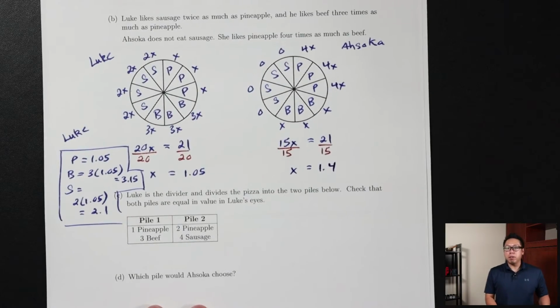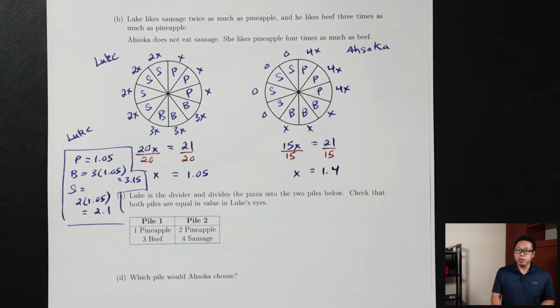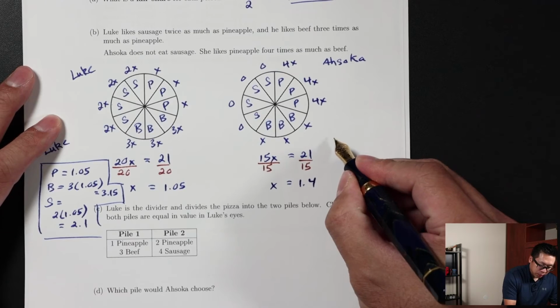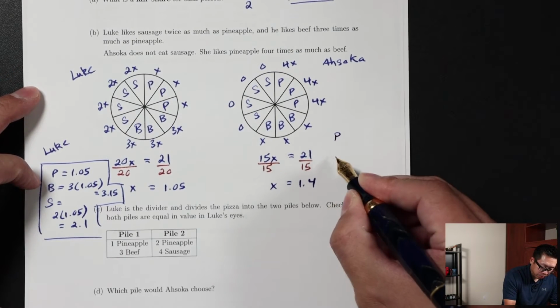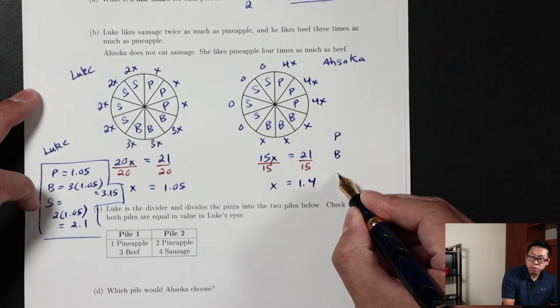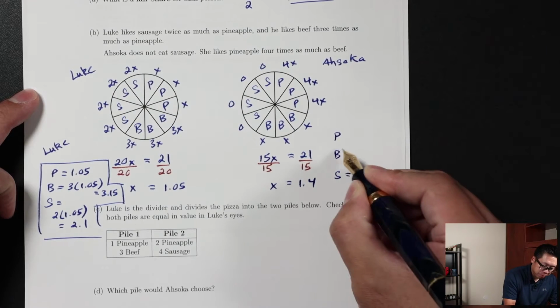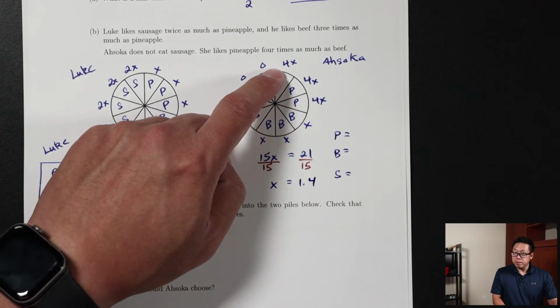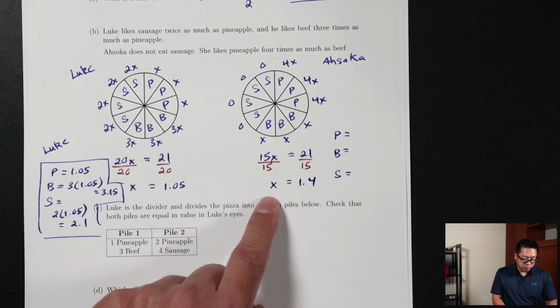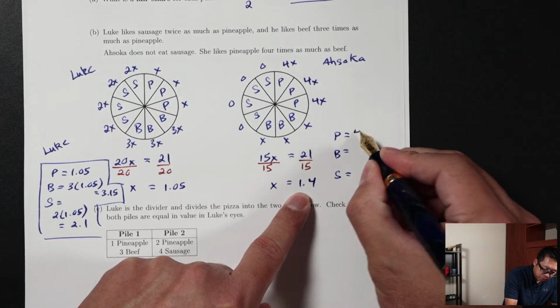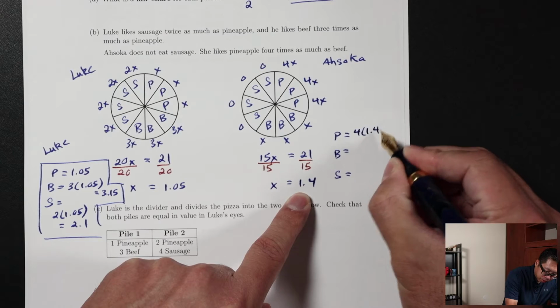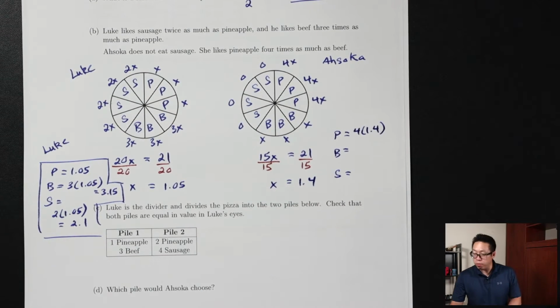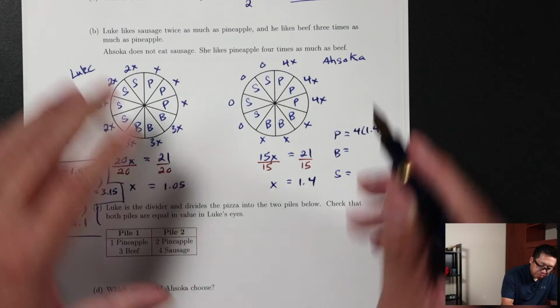And now we can write down Ahsoka's values on each of those slices. So we have some pineapple, some beef, and some sausage. Pineapple, 4 times x, so 4 times 1.4. 4 times 1.4 is 5.6.